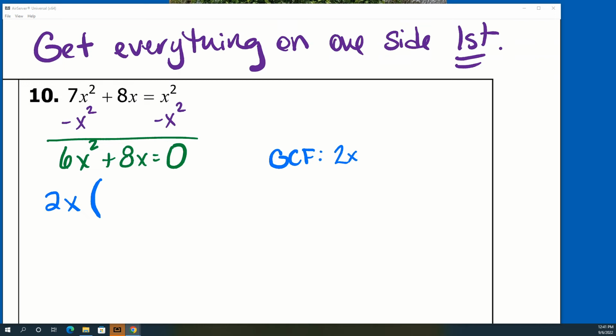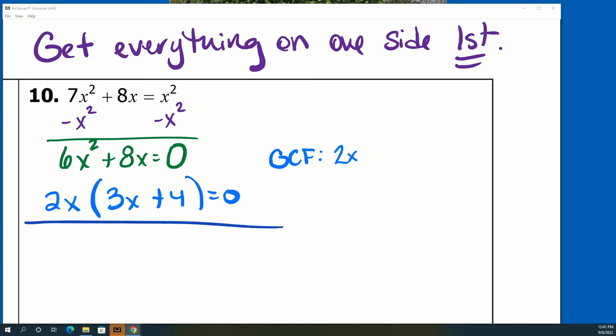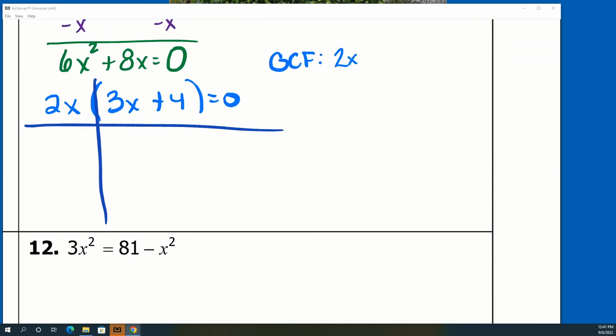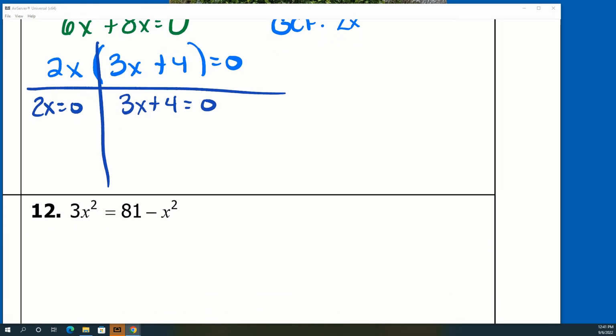All right, so that should leave you with 3x plus 4. And then we're going to set each of those equal to 0. So 2x equals 0. 3x plus 4 equals 0. So we're going to get x is 0. And x is negative 4/3.